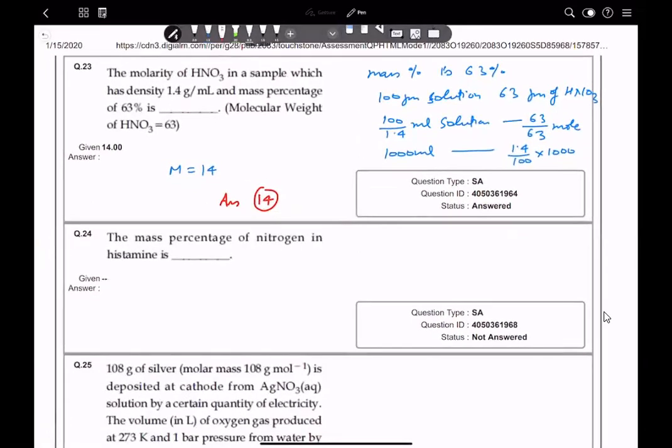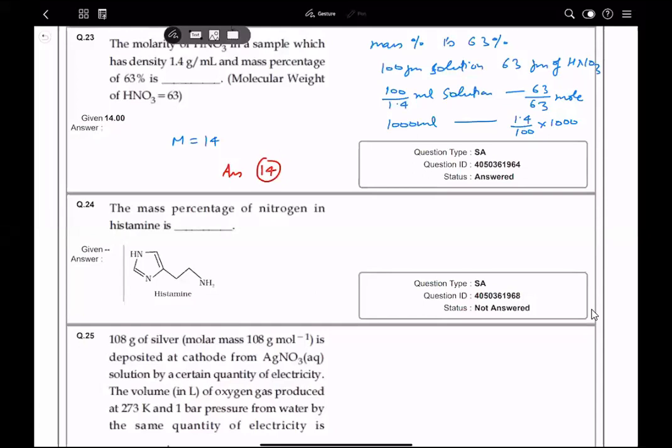Next is given the mass percentage of nitrogen in histamine. The formula for histamine is like this. It contains 3 nitrogen. If you calculate its molecular weight, it comes out to be 111. So the percentage of nitrogen will be 42 by 111 into 100.